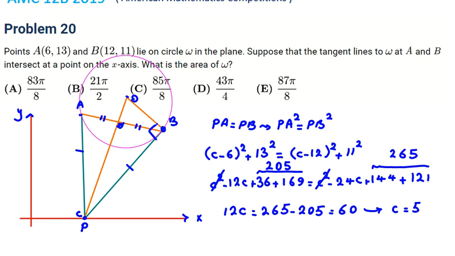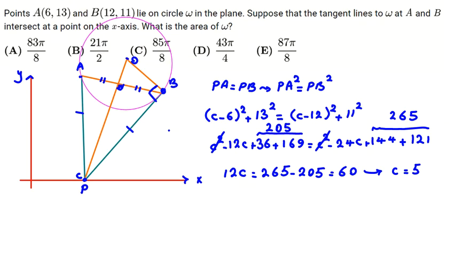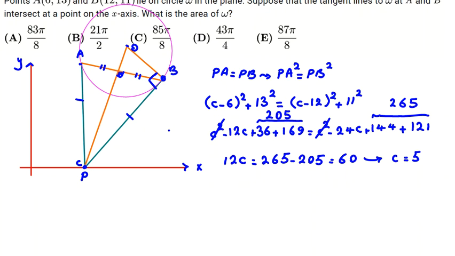It is 90 degrees. If I want to find O, it is the intersection of PO and BO, so we should find equations of these two lines. For PO, we know the coordinates of P, and we know the slope because it is perpendicular to AB. For BO, again we know the slope, since it is perpendicular to the tangent, and also the coordinates of B. Once we find O, we can find the distance OB and solve the problem.